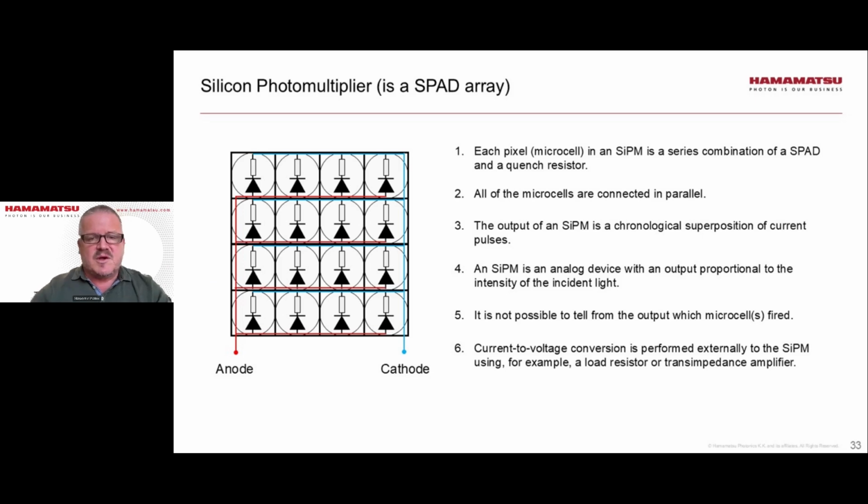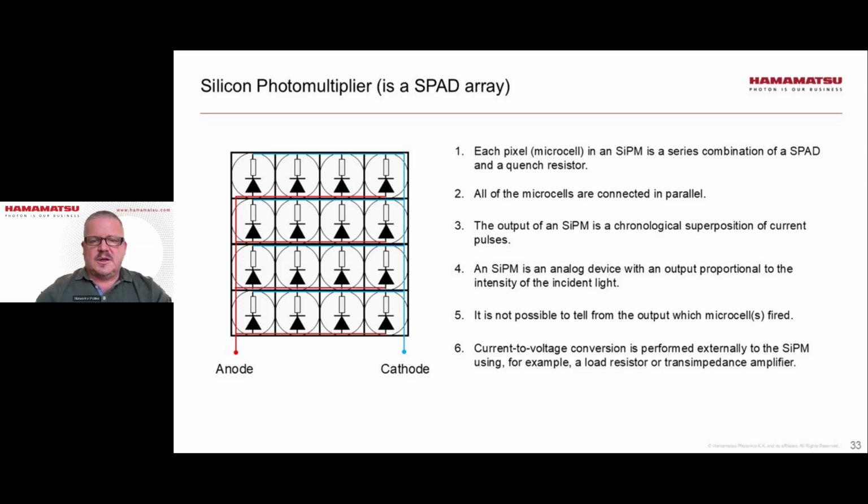Let me begin with the one most familiar to all of us, which is the silicon photomultiplier. Yes, SiPM, or MPPC as it's called at Hamamatsu, is a SPAD array. A single element here, a microcell or pixel, is a series combination of a SPAD and a quench resistor. In this array, all the microcells or pixels are connected in parallel, and therefore we just have 2 prongs, anode and cathode.